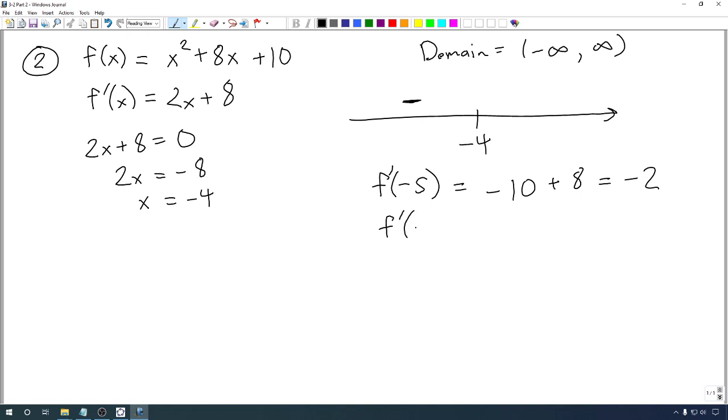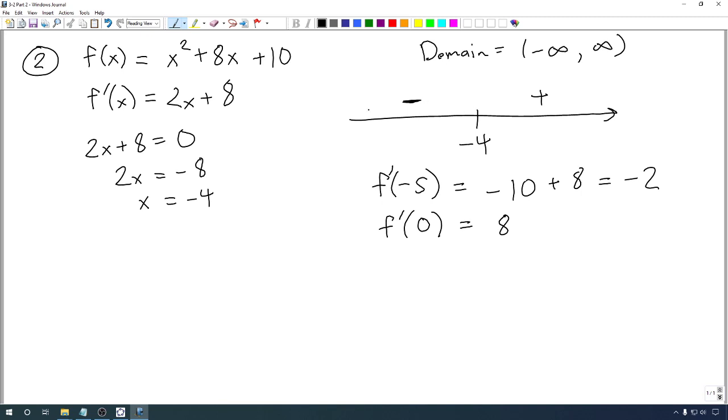On the other side, might as well go ahead and pick 0. If I plug 0 into here, the 2x goes away. We're left with an 8. 8 is a positive number, so the derivative is always positive from -4 on to infinity. What does this mean?